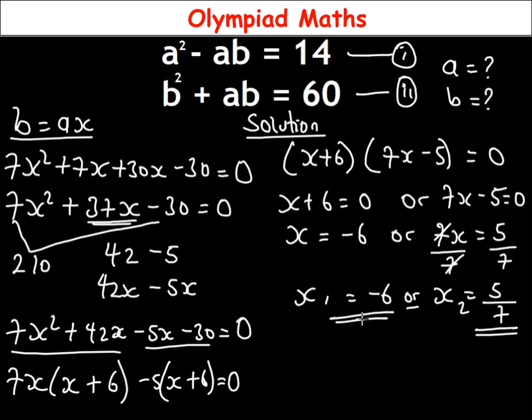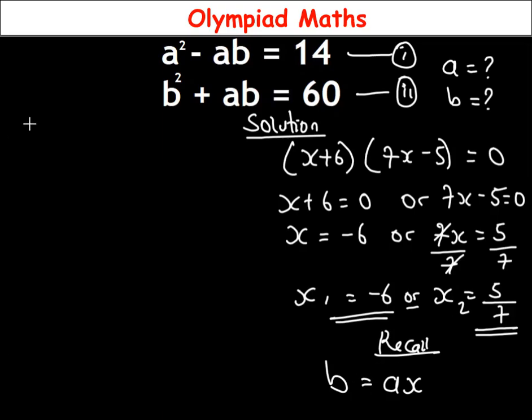Good. Now, with this, recall that b is equal to ax. So we are then going to substitute the values of x, x1 and x2, into the expression for b.